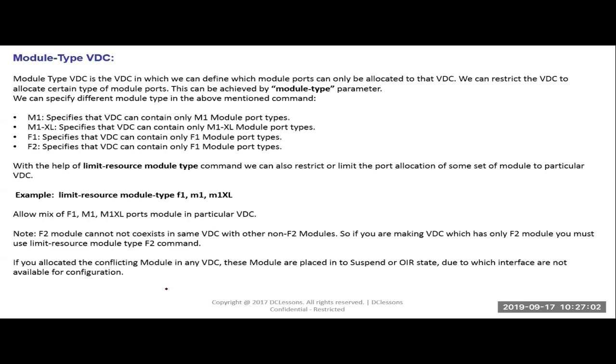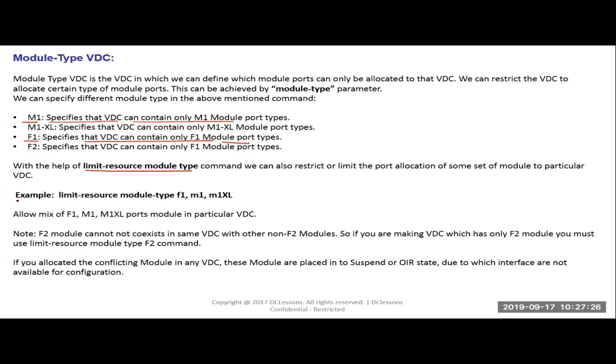If you use module type with M1, it specifies that the VDC can contain only M1 module ports. If you use module type with F1, it says that my VDC can only contain F1 module type ports, right? So this is the full command, limit-resource module-type.